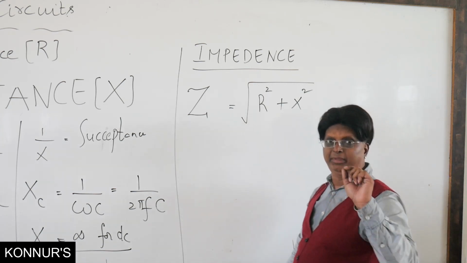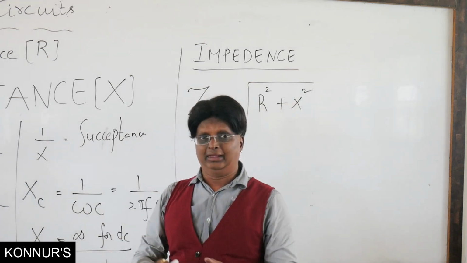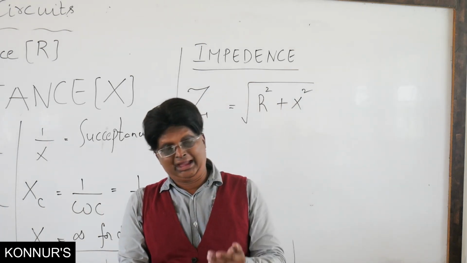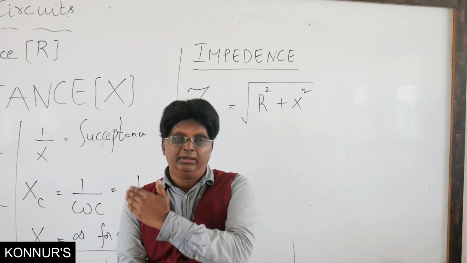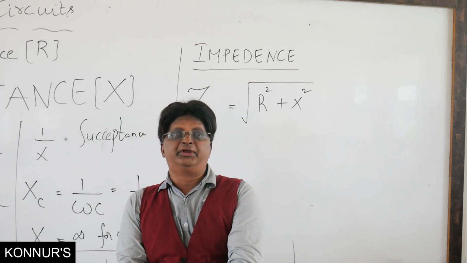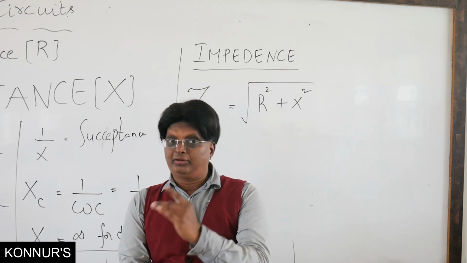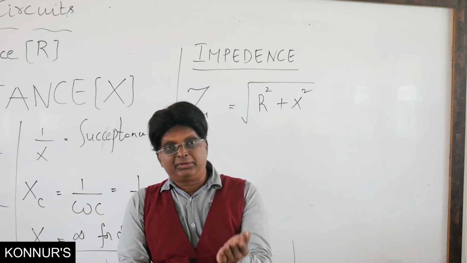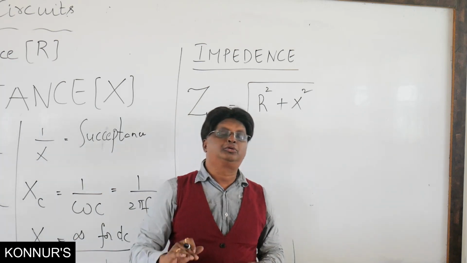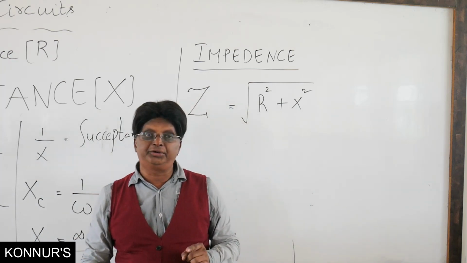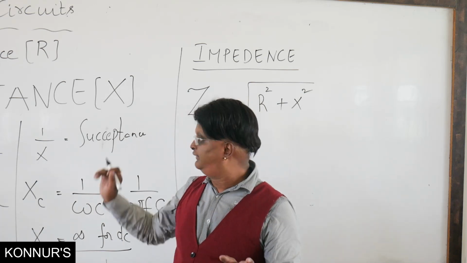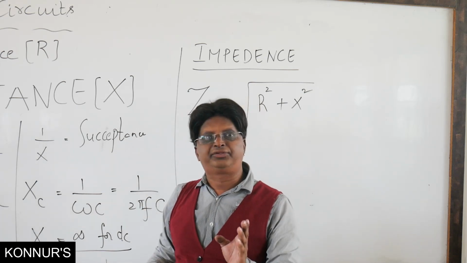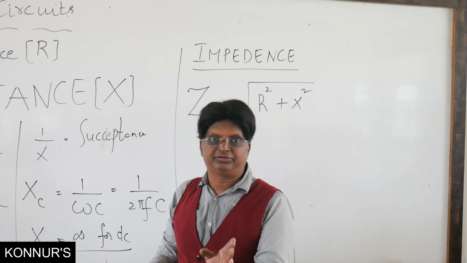Do remember, let us make one statement here. XL and XC show different tendencies. The inductor opposes growth and decay of current, not of voltage, whereas the capacitor opposes growth and decay of voltage, but not of current. Because of this difference, the tendencies of XL and XC are of exactly opposite nature.